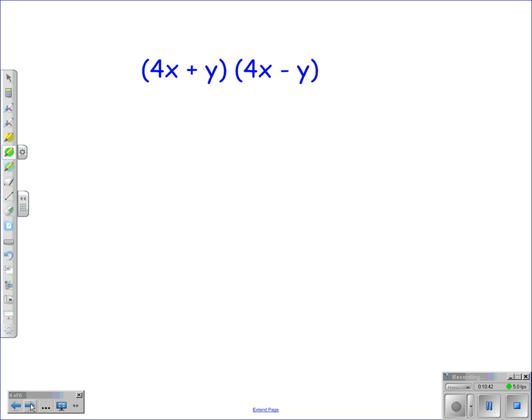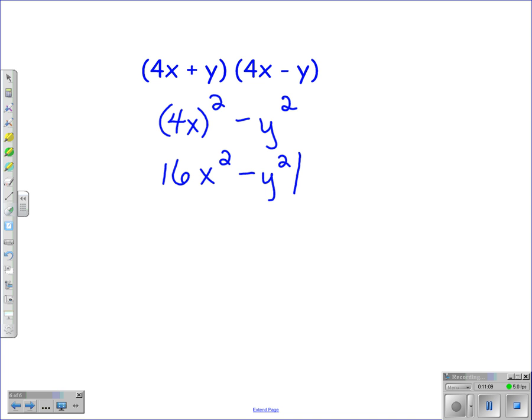One more example here, 4x plus y and 4x minus y. We are squaring the first term because this is an a plus b times a minus b pattern. That first term squared, that's that 4x squared minus the second term y squared. Well, in that first term we have to multiply everything in there, so that's going to be 16x squared minus the y squared.